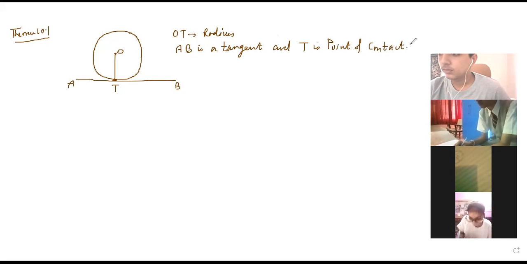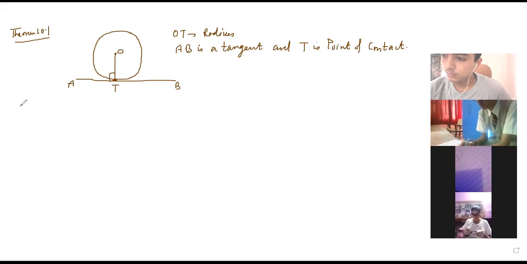Now, what you have to remember, the angle which the radius and the tangent will make at the point of contact will always be 90 degrees.